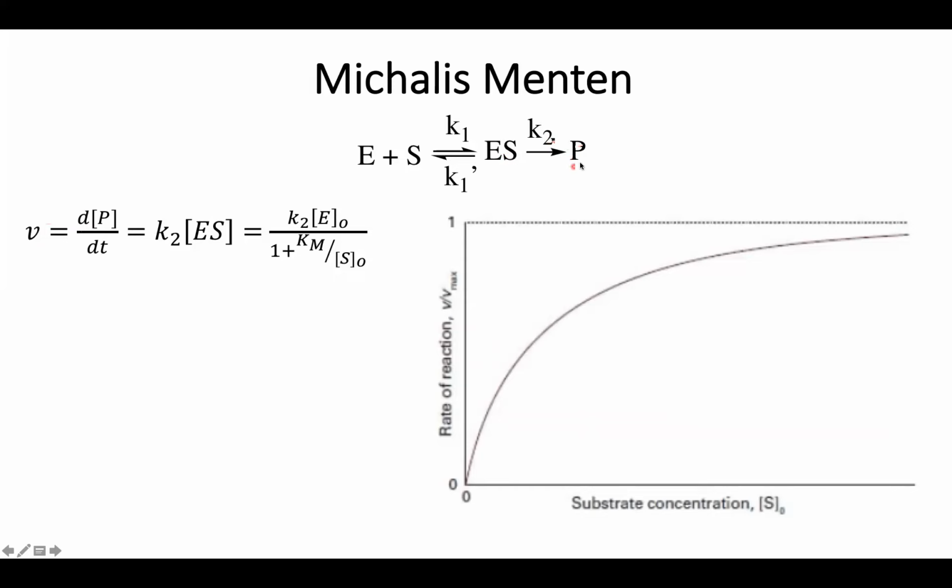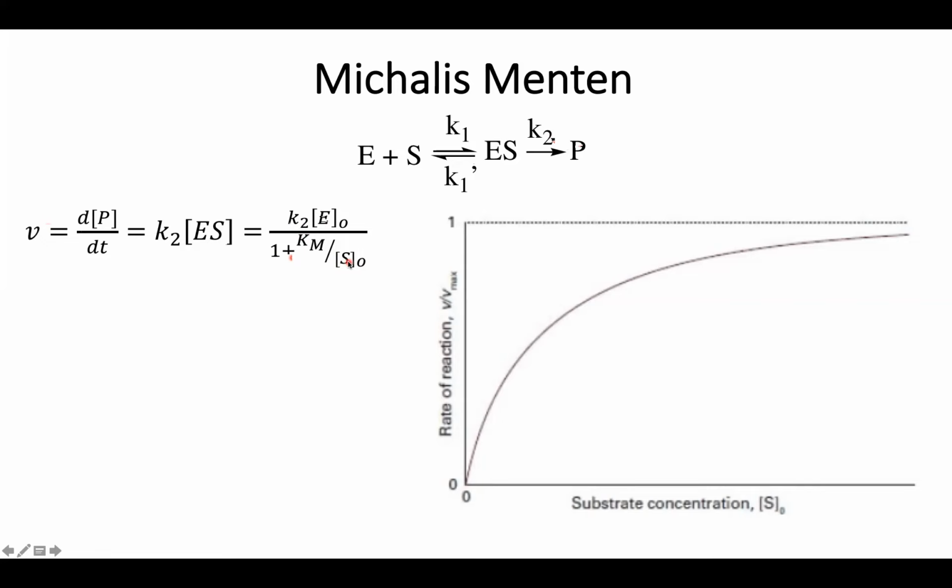So this is the actual catalytic step times the concentration of my enzymatic complex. So we can then insert our equation for the enzymatic complex and derive an overall equation for the rate of reaction, where in this case, our rate of reaction for a catalytic mechanism tends to be given as K2 times the original enzyme concentration over 1 plus the Michaelis constant divided by the initial amount of substrate present.